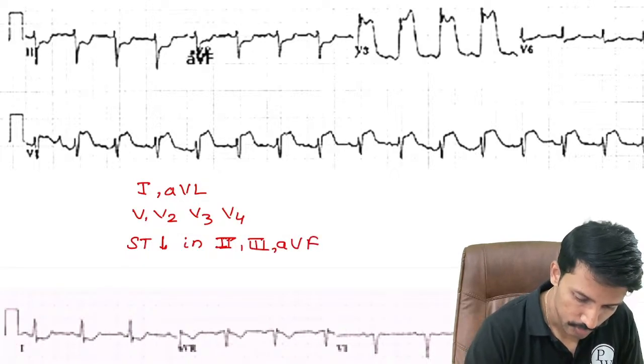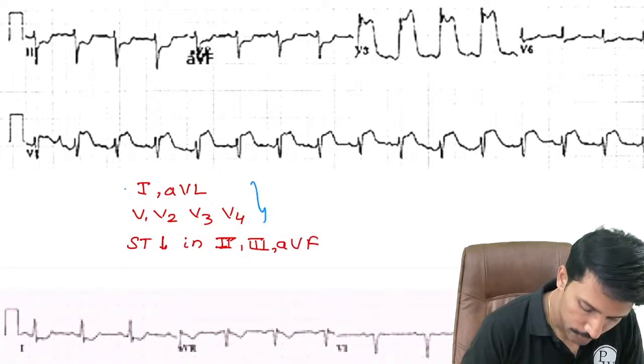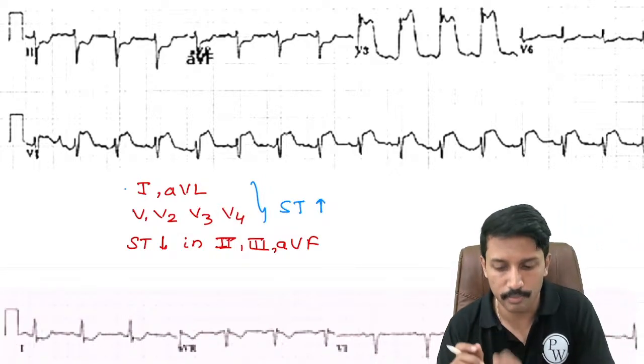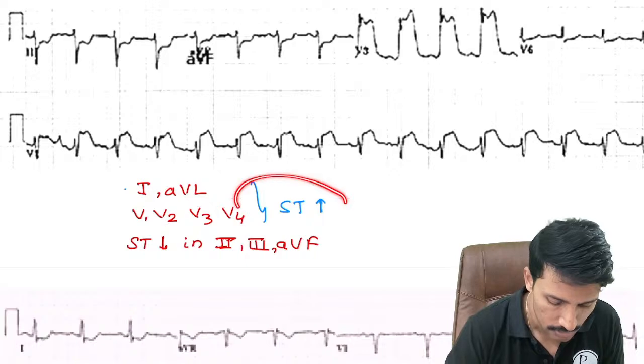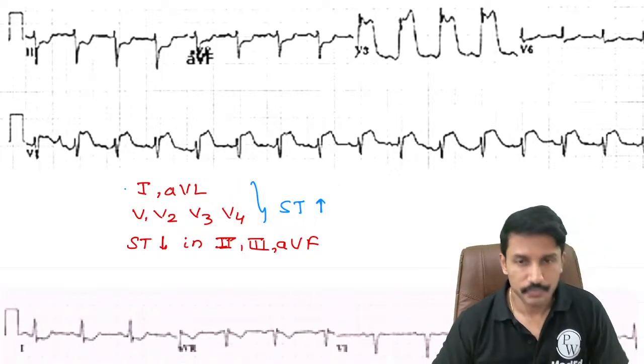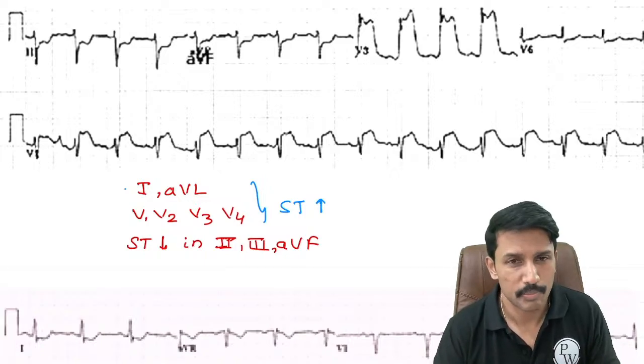In whatever leads we saw ST elevation, it was typical. It was showing the required number of small boxes being elevated, right? So now, does it meet all the criteria to call it typical ST elevation?